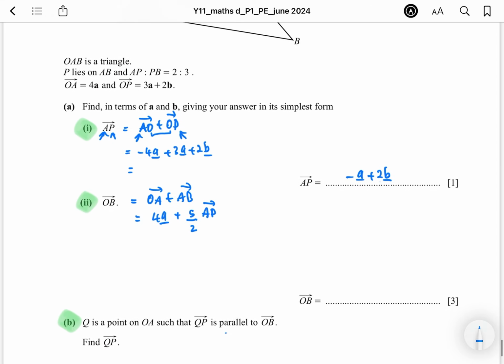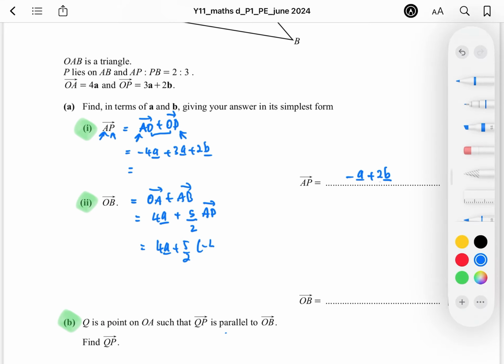Simplifying that, AB is the one above, so 4A plus 5 over 2 times minus A plus 2B. Okay, simplify that. Minus 5 over 2 A and plus 5B.